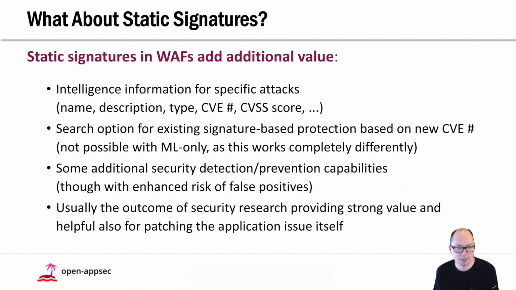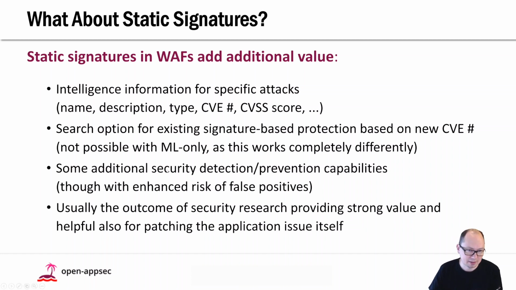So for this in open-appsec, we also allow you to have Snort signatures in place. So you can just enhance, in addition to what we do with all the machine learning, if you have specific signatures you want to add for some reason and you definitely want to block traffic based on some specific signatures, you can just add them as Snort signatures and have them enforced as well.